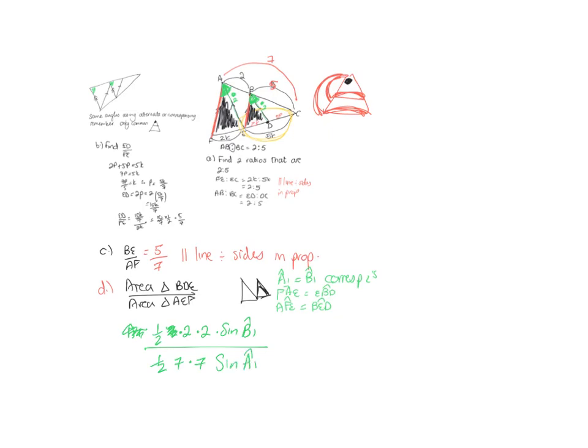And because B1 and A1 are equal, those are now going to cancel. The halves are going to cancel, and we're going to have 4 over 49 is my answer. So you have to be very careful. You can use half AB sine C, but you have to make sure you have the correct angles.